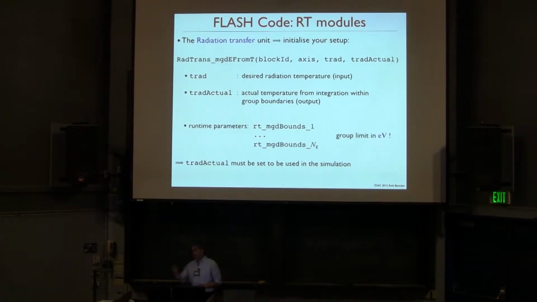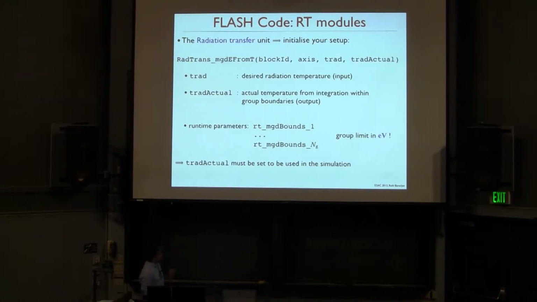So if you do your Planck integration, you will not end up with the same, because you are not integrating essentially from 0 to infinity in frequency space, but you have a discretized frequency space with finite ends. That means your actual temperature might slightly deviate from the temperature you provide there.